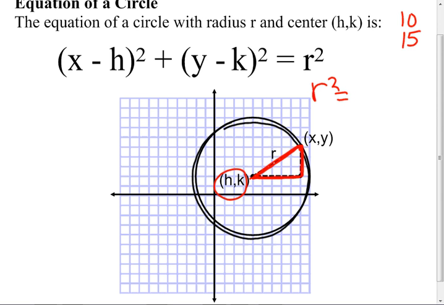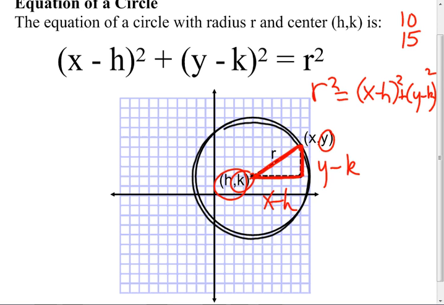What do you do with those two numbers? You subtract. So I'm going to do the same thing here. You could do h minus x. It doesn't matter. I like to have the x's first. So it's x minus the x coordinate here, h squared. It's just Pythagorean theorem. This distance is y minus the k. And this is x minus h. And that's the formula for a circle.